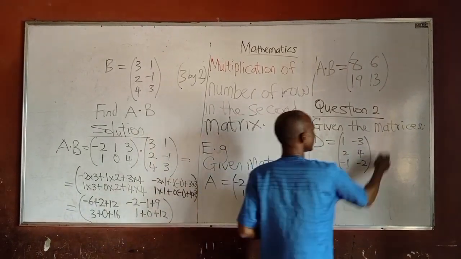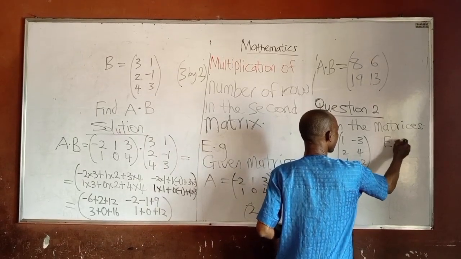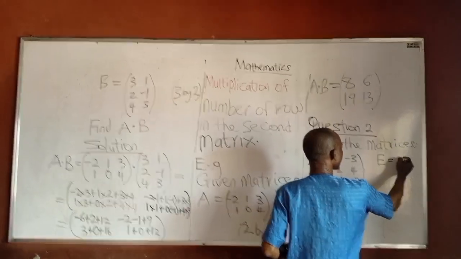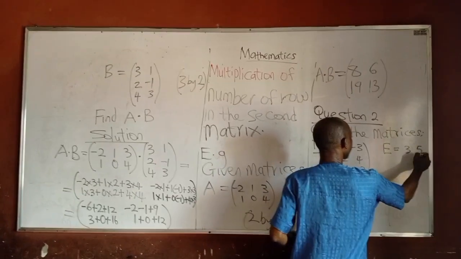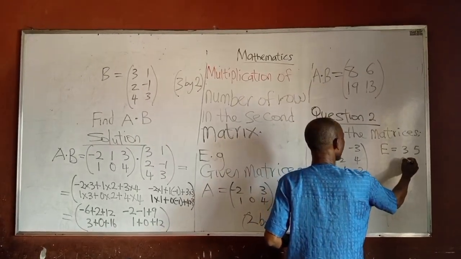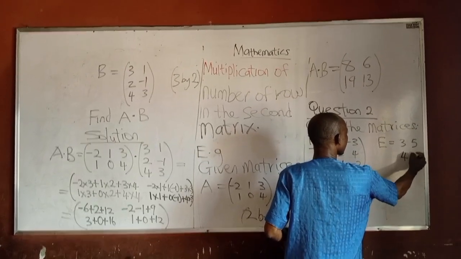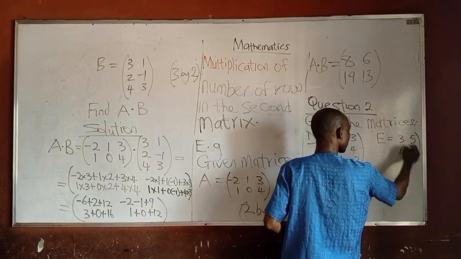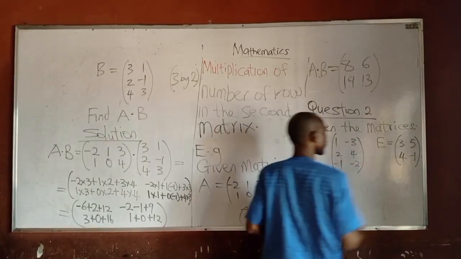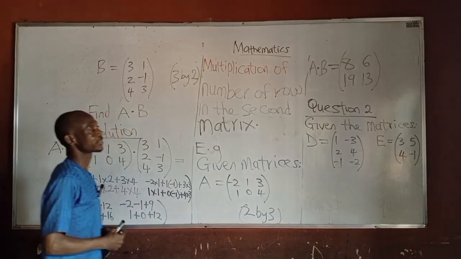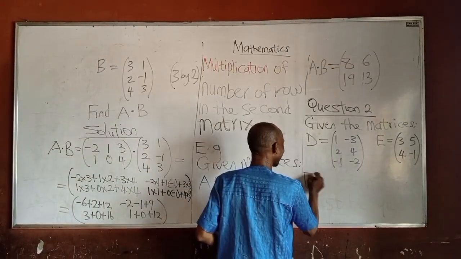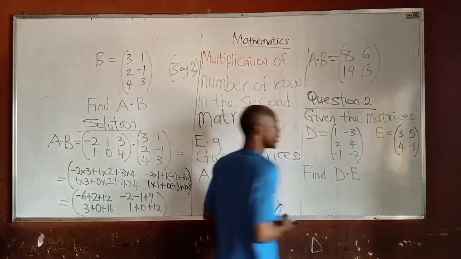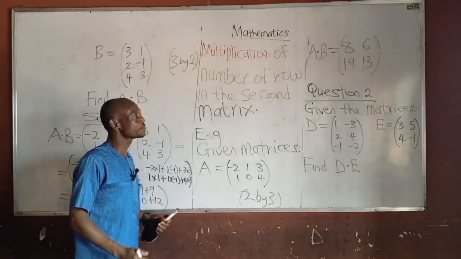And let's say we have matrix E, and we have 3, 5, 4, minus 1. Now let's look at that. And you are told to find D times E. Find D times E.